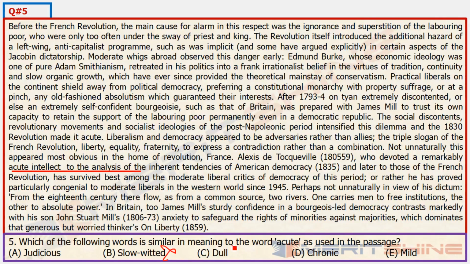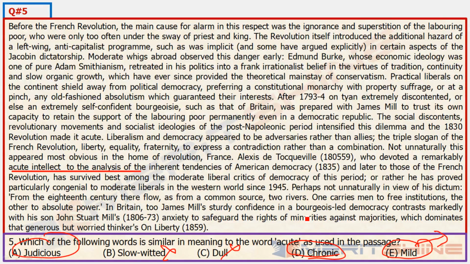Slow-witted, dull, which means the same, is out. Chronic doesn't make sense, irrelevant in the context. And mild is not positive, but judicious is positive. And mild is neutrally positive, very, very less positive. Between judicious and mild, judicious wins the game hands down.